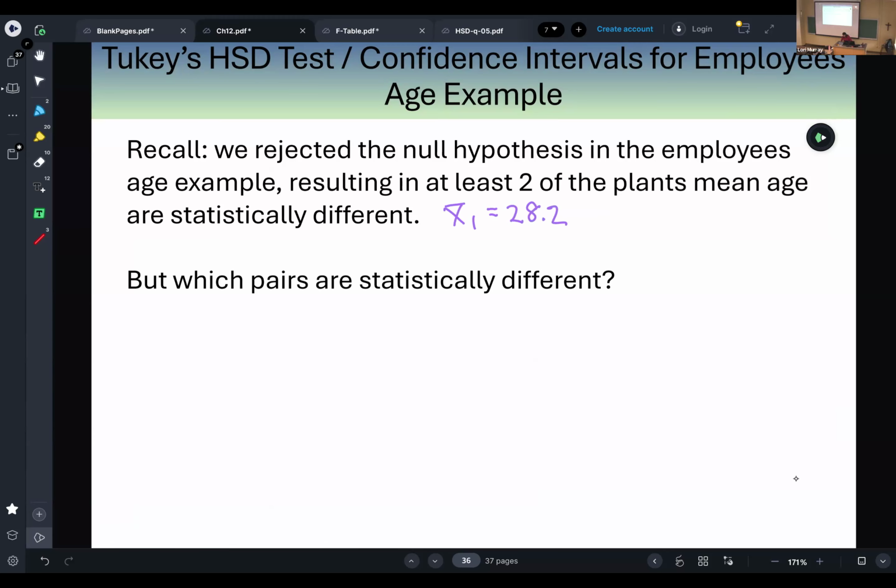You can check this for me. And X bar 2 was 32. Does anyone have their notes from last lecture to verify that those are the means for plant 1 and plant 2? Yeah, thanks. We'll just compare these ones.